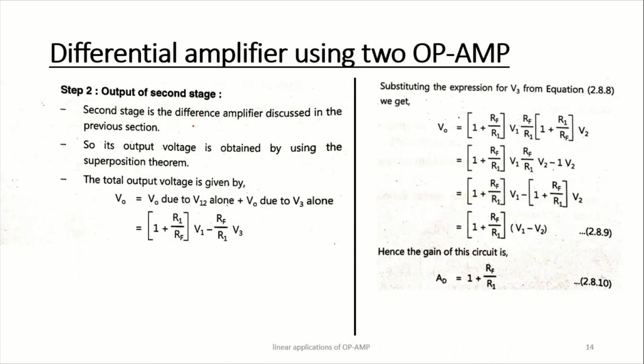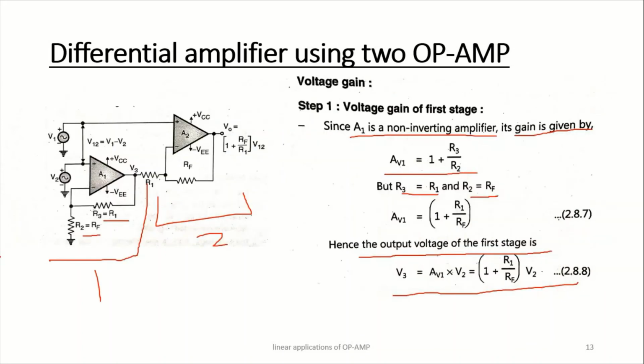The second stage is a difference amplifier discussed in the previous section, so its output voltage is obtained by using the superposition theorem. At one time only one voltage source is applied and the other voltage source is at ground potential. So the total output voltage is given by the voltage output due to V12 alone and the voltage output due to V3 alone.